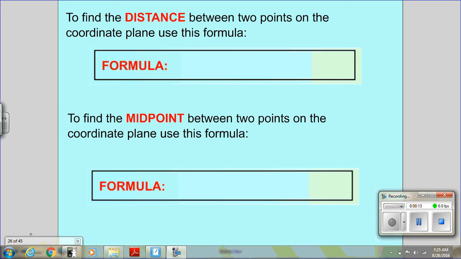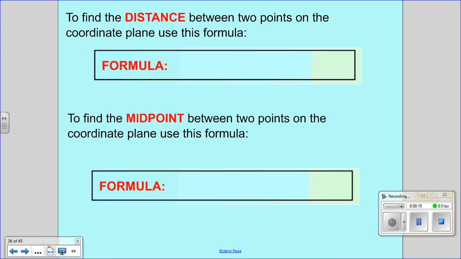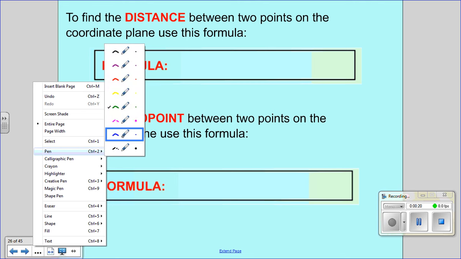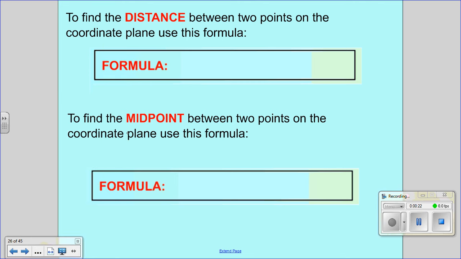The textbook definition for the distance formula between 2 points on a coordinate plane will tell you that the distance is equal to the square root of (x2 minus x1) squared plus (y2 minus y1) squared. Okay?